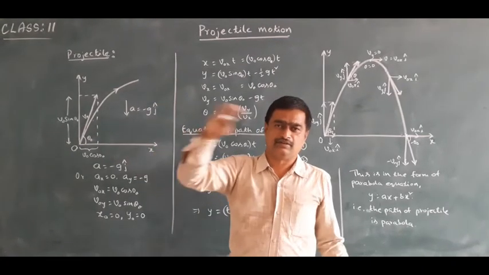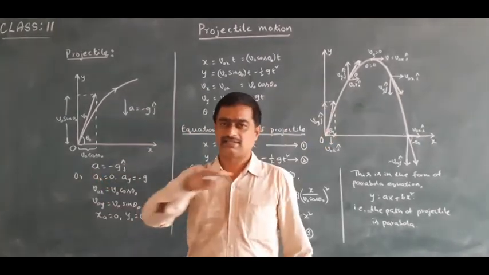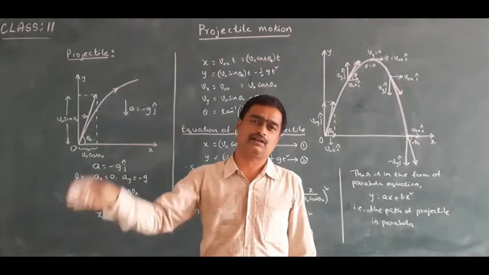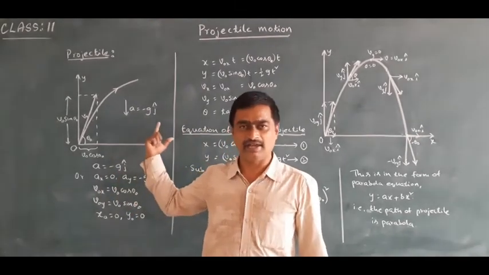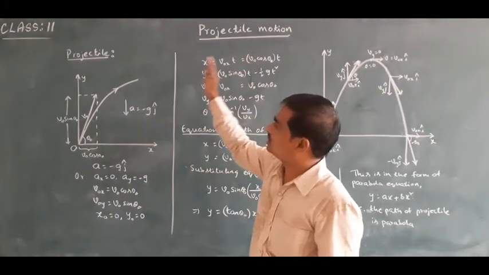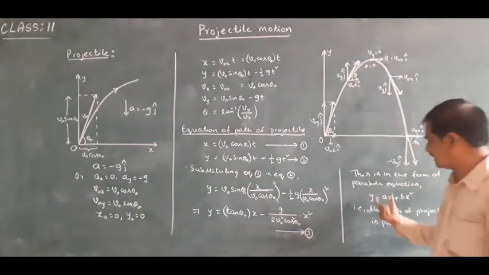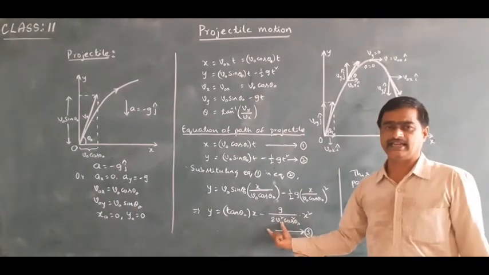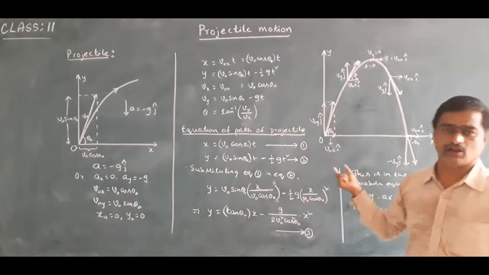That is, we are bound only to terrestrial objects that are thrown and are under the influence of gravity. These types of bodies are called projectiles, and this is how we understand the path of the projectile, and this is how we are going to analyze each and every component.